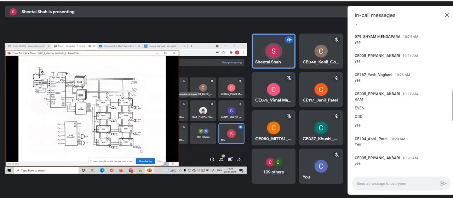Similarly, y1 dash as well as the BHE bar signal is connected to the chip select of the odd bank. Hope everyone is clear with this. So this is about the even bank as well as the odd bank of both the sets of the RAM IC. This is how the interfacing is done with the memory and the CPU. Hope everyone is clear.